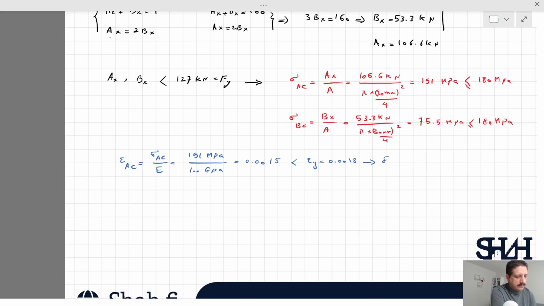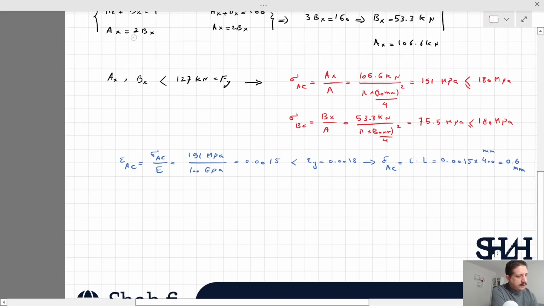Also, we can calculate the deformation for AC, which is epsilon times L. Epsilon is 0.0015 times 400 millimeter, which gives 0.6 millimeter.